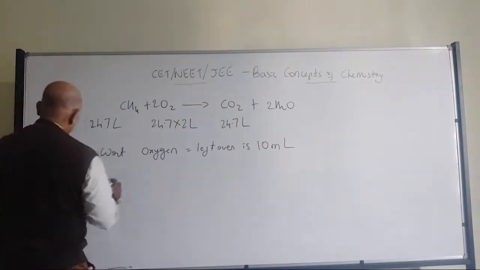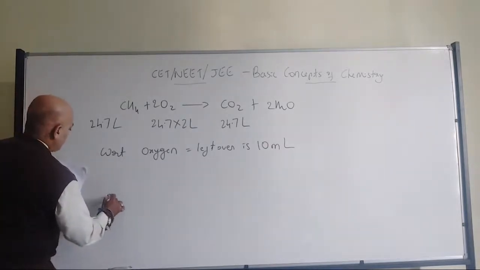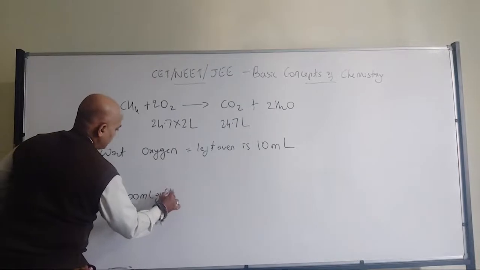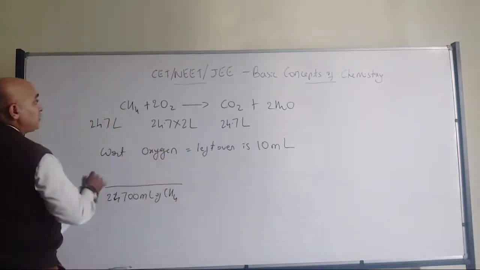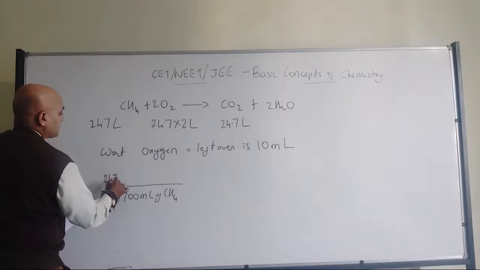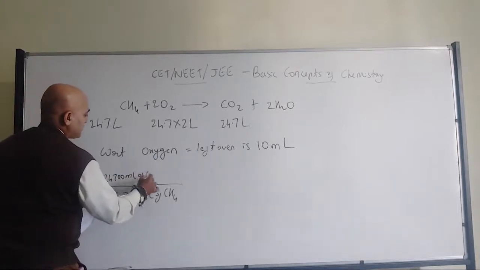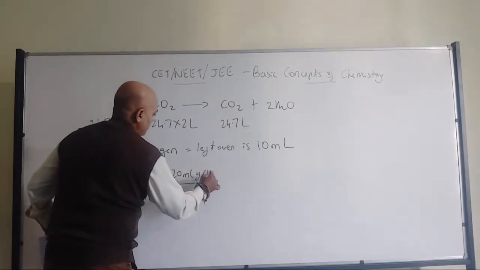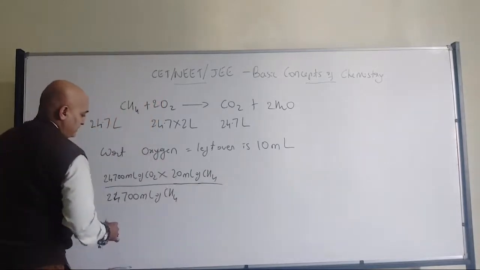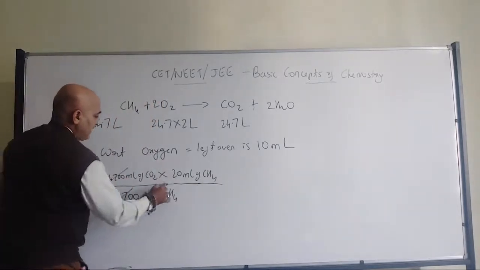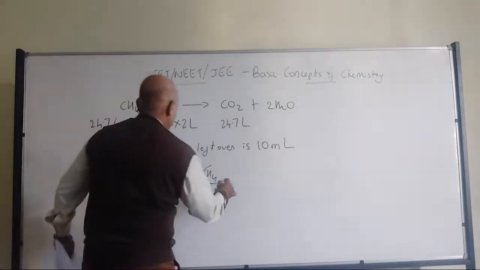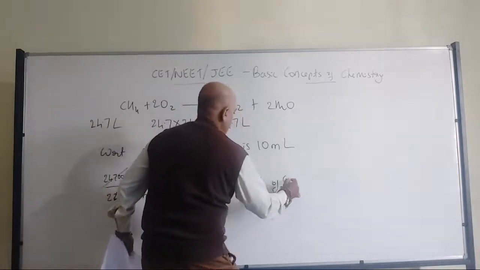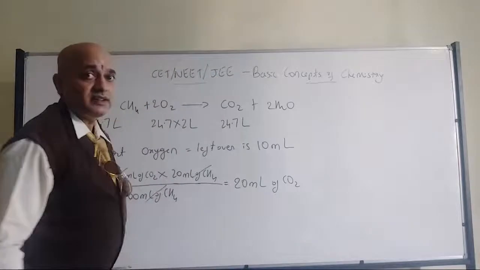For 24,700 ml of methane, it will give 24,700 ml of carbon dioxide. So how much for 20 ml of methane? Given methane is 20 ml, ml of methane will get cancelled. So we are getting the answer: 20 ml of carbon dioxide will be there.